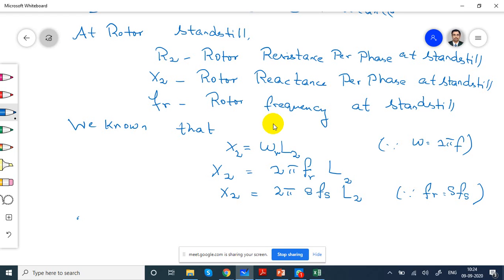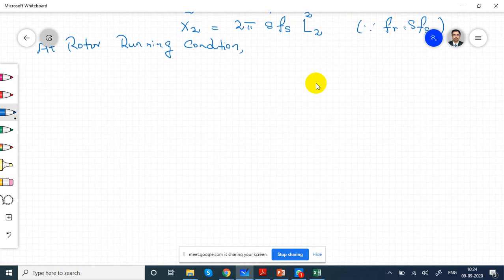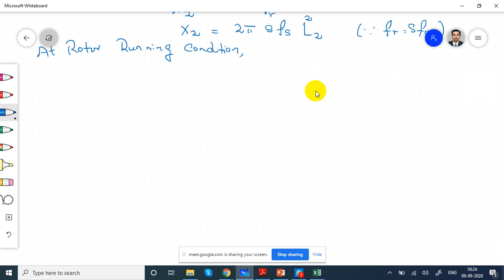In the same way we are going to do it for the rotor in running condition. You can take the previous as equation number 1. At running condition, what is the notation?